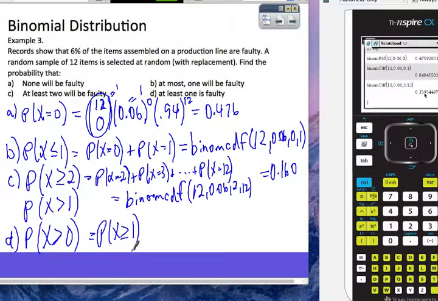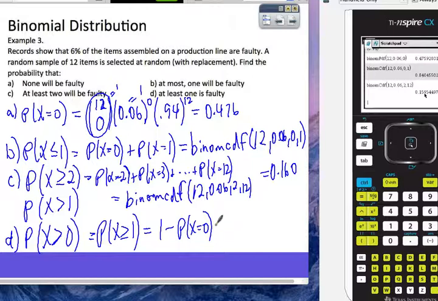That's at least 1. And it's very important that you can think of at least 1 as complementary to none. The way you can make that calculation is 1 minus the probability that x equals 0. That's how you can do this complementary event.